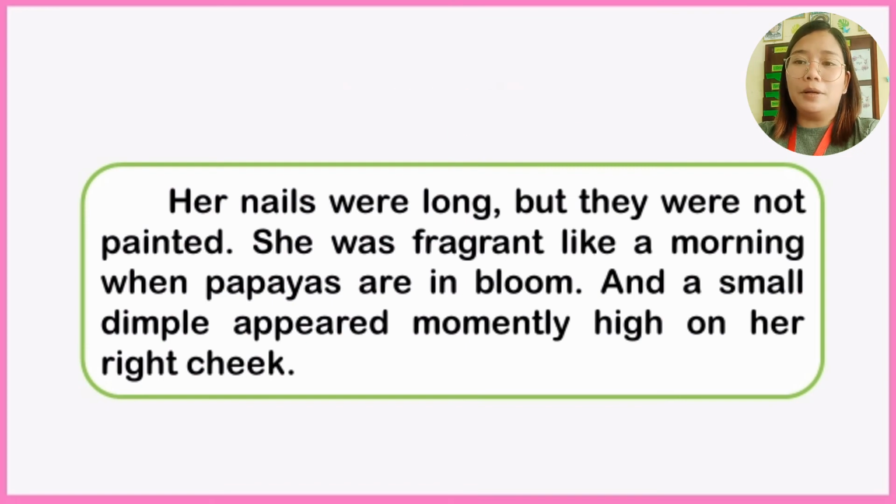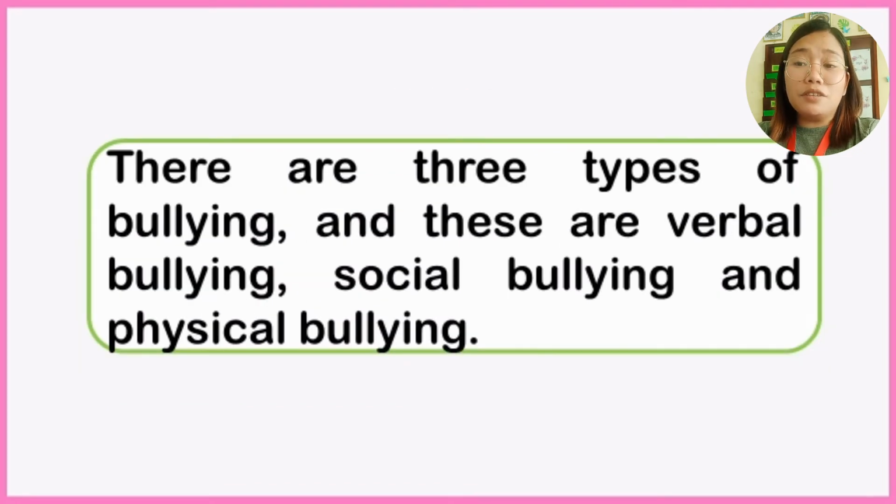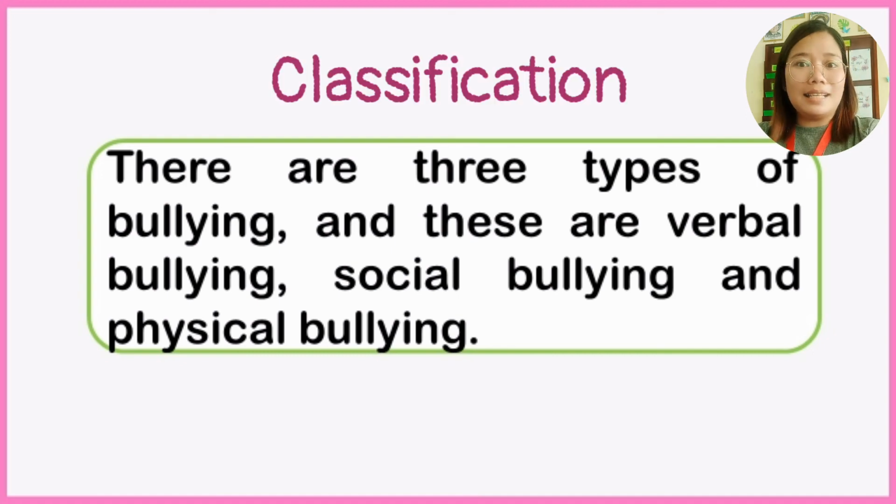Another example. There are 3 types of bullying. These are verbal bullying, social bullying, and physical bullying. So what pattern of development ang ginamit sa ganitong text? We have classification. The word or the signal word here is types of.